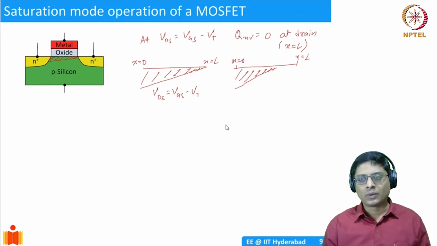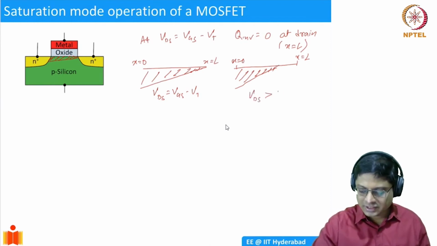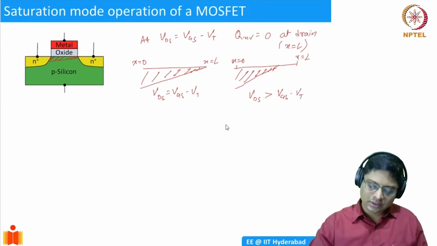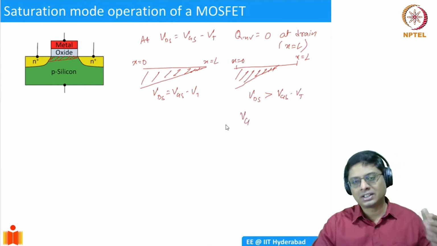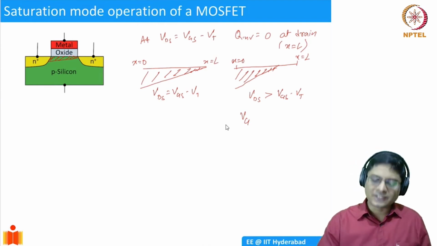Why is this happening? VDS is greater than VGS minus VT, right? So the gate-to-channel voltage, which is basically what you need above the threshold voltage to sustain the inversion charge, becomes less than VT.